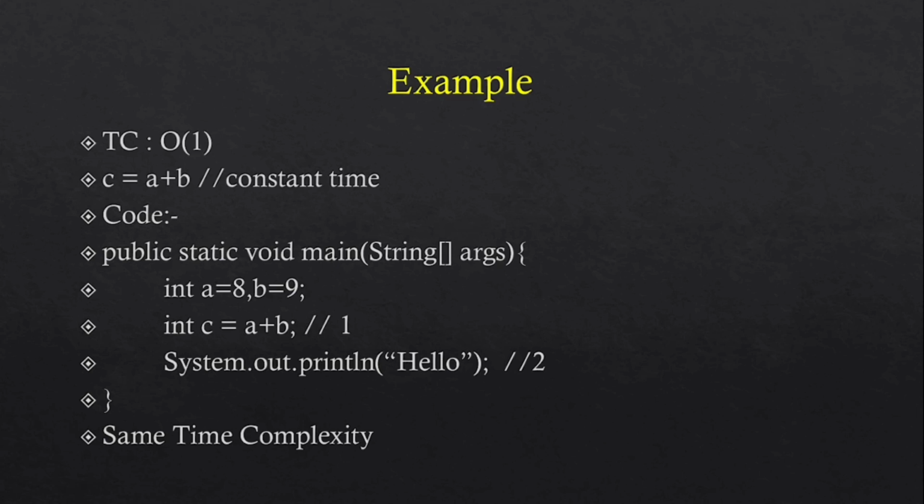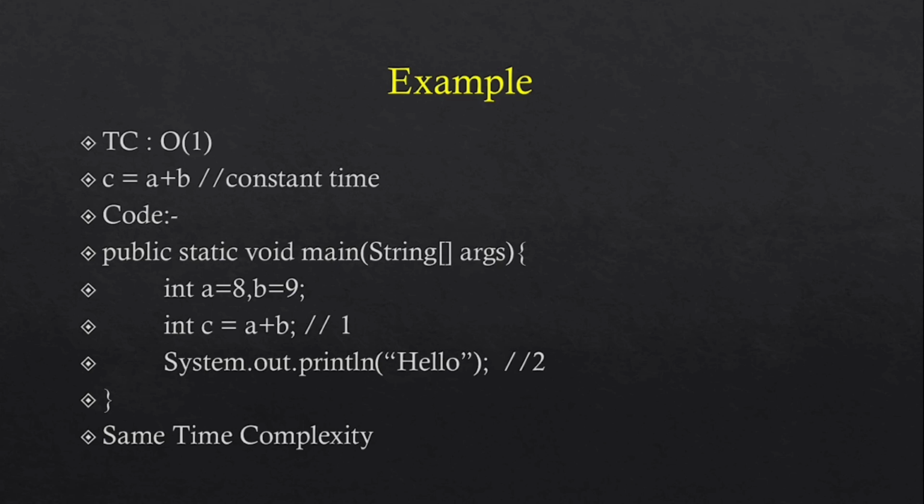We don't have any for loops, while loops, these types of things. If we have multiple statements like c equals a plus b, then hello, or you print something like System.out.print your name, your roll number, then also it will take order of 1 time complexity. Okay, I think it's clear.